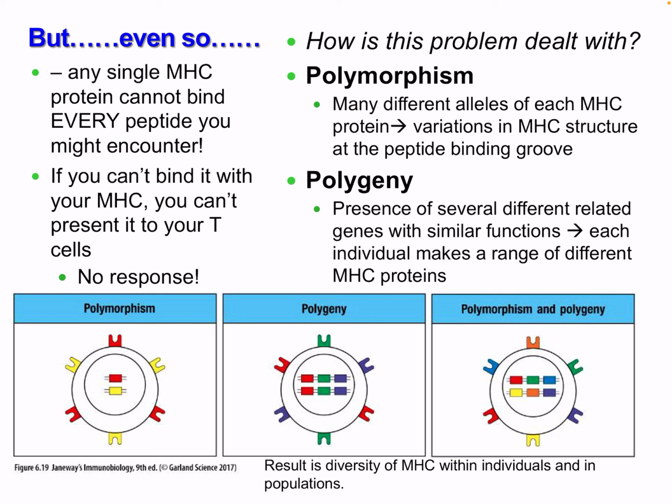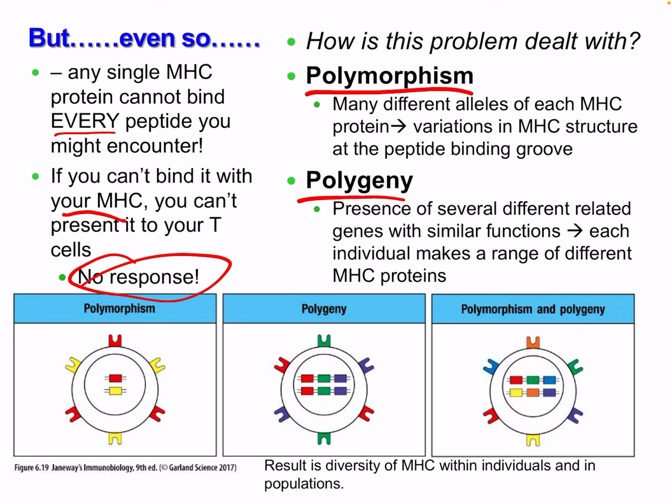Any single MHC protein cannot bind to every peptide you might encounter, which seems kind of obvious. If your MHC can't bind it, you can't present it to your T cells, so you'll never get a response. We deal with this through polymorphism and polygeny. Polymorphism is when we have many different alleles for each MHC protein, which allows for variation in MHC structure at the peptide binding groove.